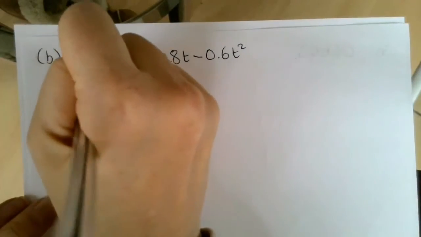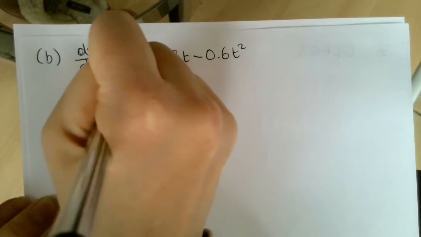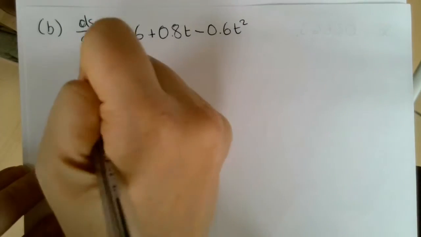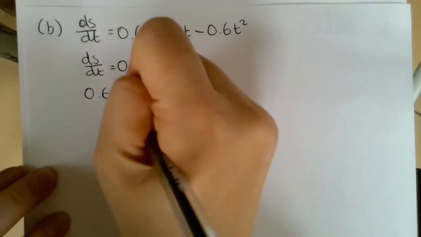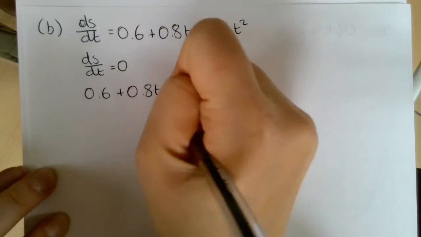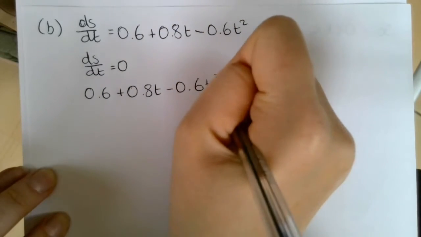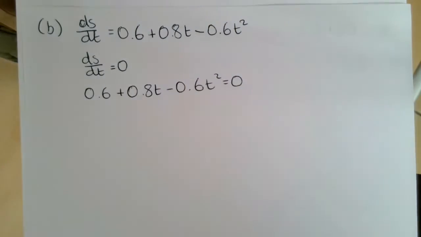We're going to set ds by dt to 0, so we get 0.6 plus 0.8t subtract 0.6t squared is equal to 0.